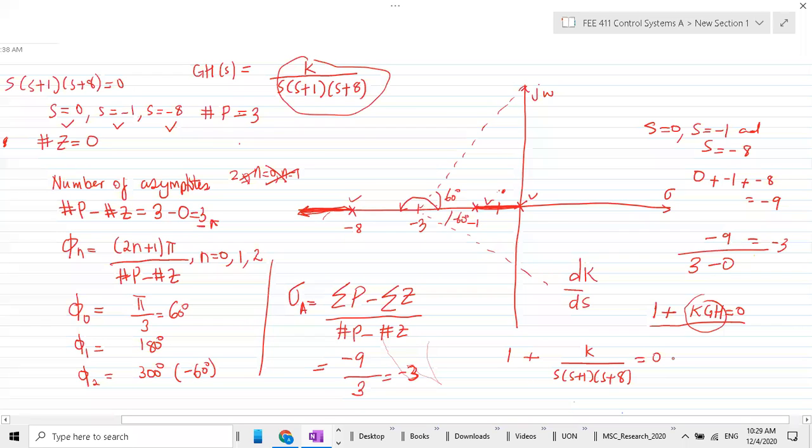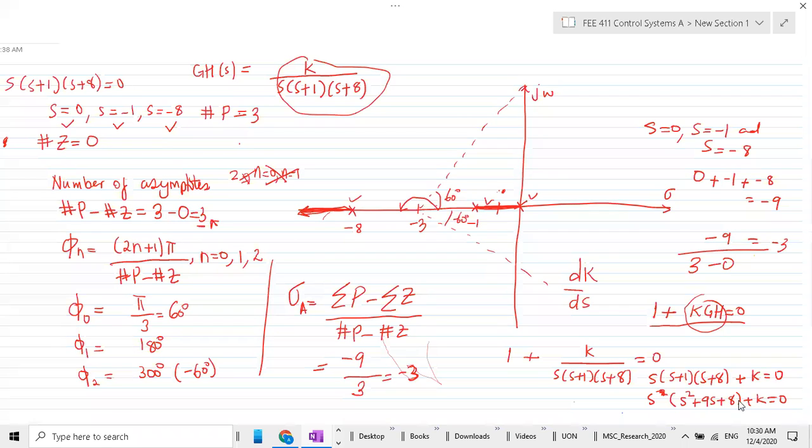And then you say s plus 1, s plus 8 is equals to 0. So you have s into what? Sorry, you have s into s squared plus 9s plus 8 plus k is equals to 0.